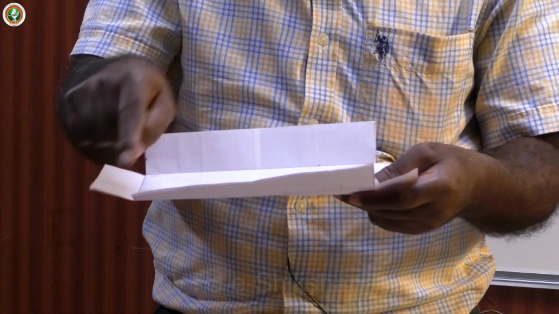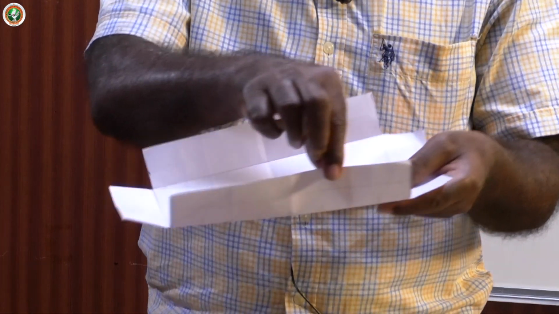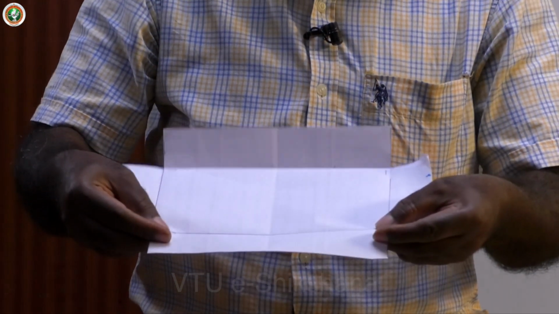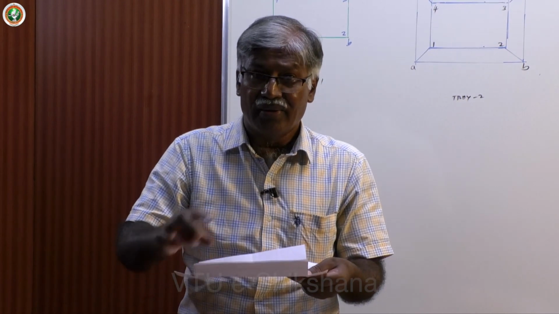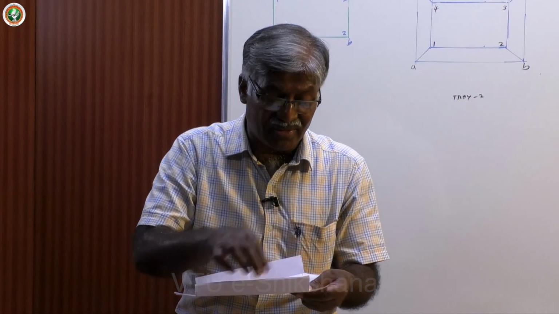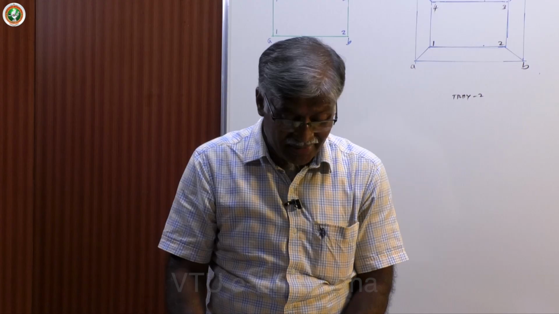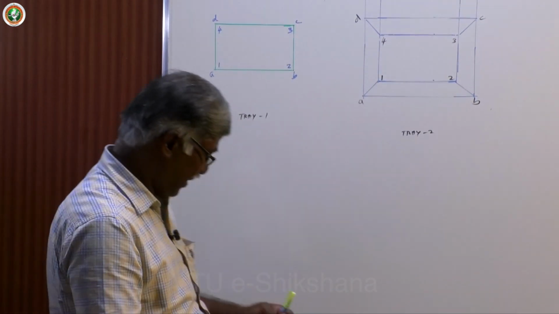The path traced by the corners, if I move like this, see for example this is the one, and if I want to show the development, I have to rotate by 90 degree in this case. Rotate by 90 degree or rotate till you reach the surface. In that process, the path traced by these corners is perpendicular to the base edges. That is very important. Now let me identify these here in this particular case.